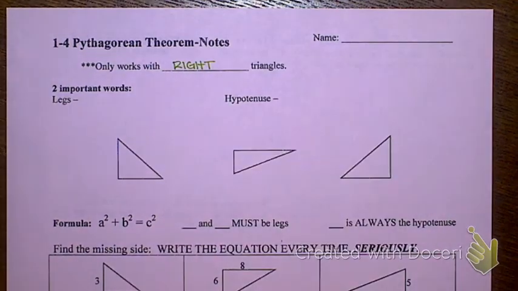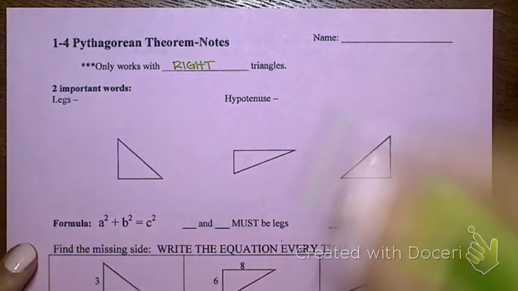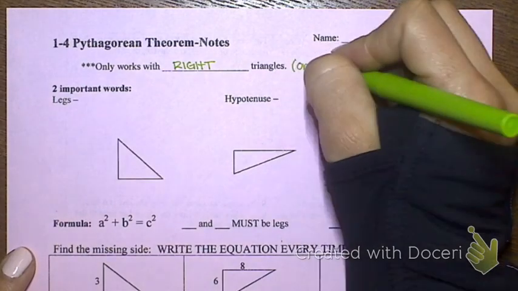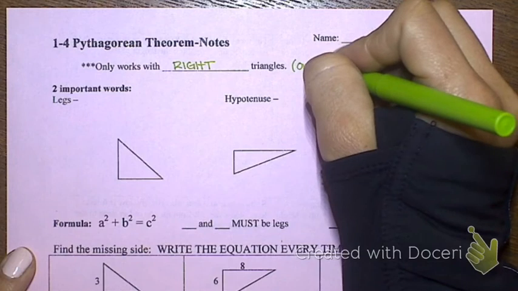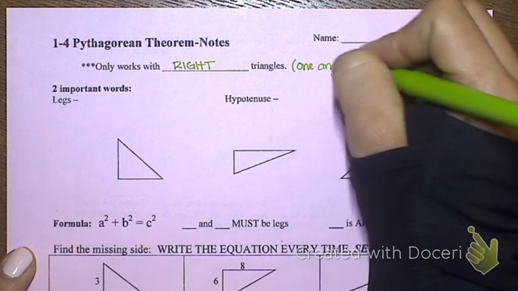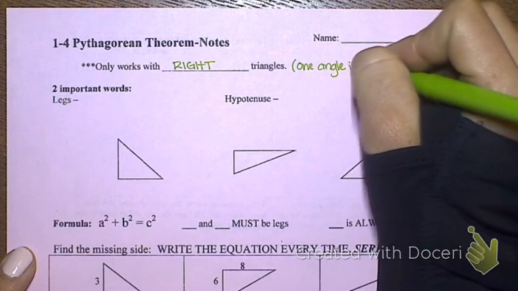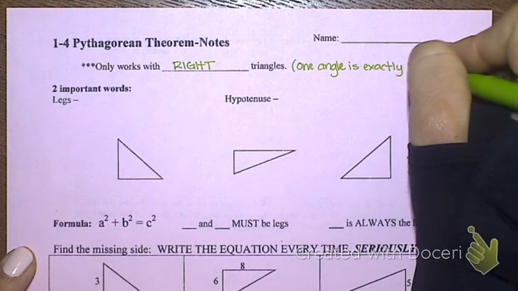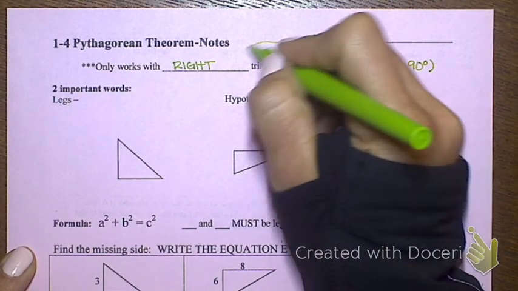Do you remember what exactly a right triangle is? Yeah, it's when one of the angles is exactly 90 degrees. That's what this word right means.